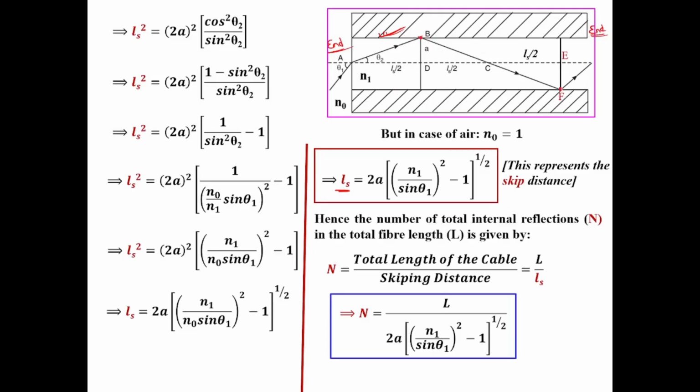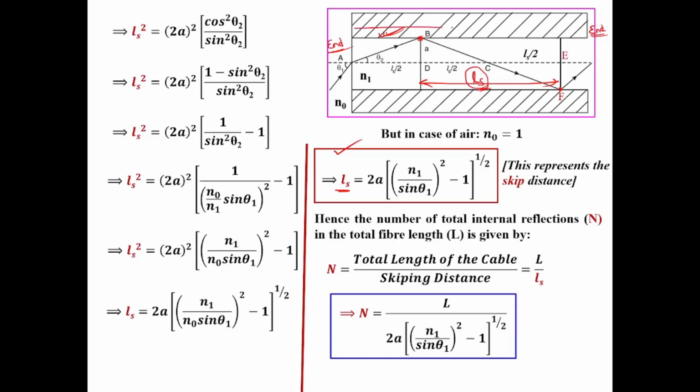Before the second reflection it travels the distance Ls, the skip distance, this much distance. So for one reflection, or the distance between two successive reflections, we found the distance the light jumped or skipped is Ls. Or you can say for one internal reflection, light travels or skips the distance Ls.